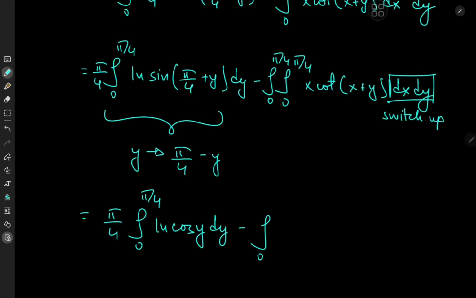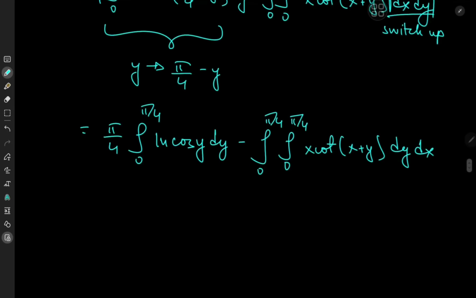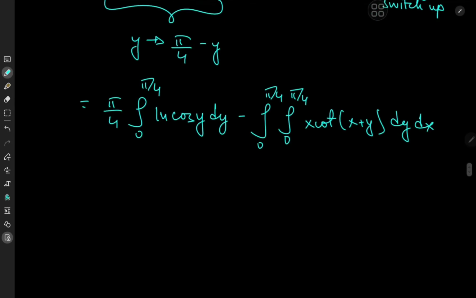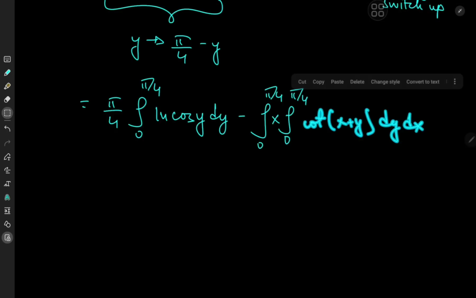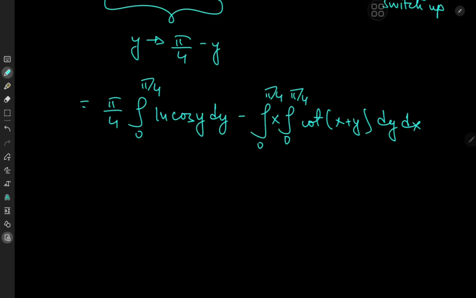And for this integral here, we're going to switch up the order of the integration operators, and we now have the integral 0 to pi by 4, integral 0 to pi by 4, of x times cotangent of (x plus y) dy dx. Because the x variable is being held constant with respect to the first integration, we can take it outside the integration with respect to y, and this is what we have left. Now, the cotangent function does have an antiderivative, that's log sine.